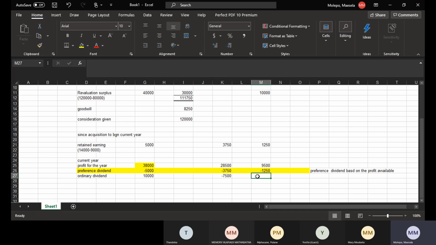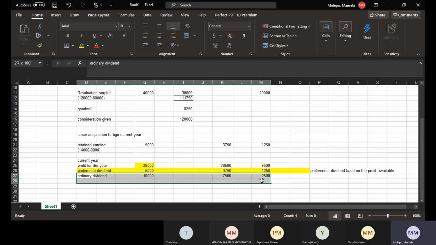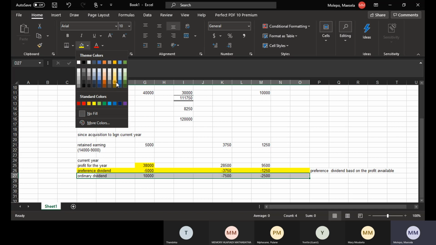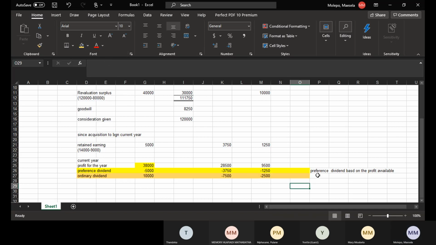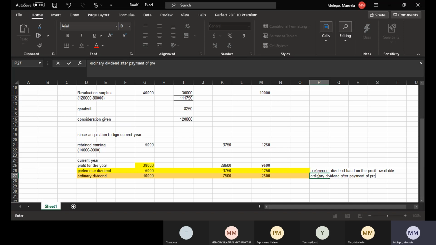And then the minus 2,500. So this will represent the ordinary dividend after payment of preference shareholders.